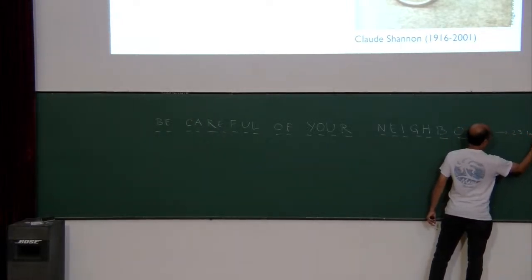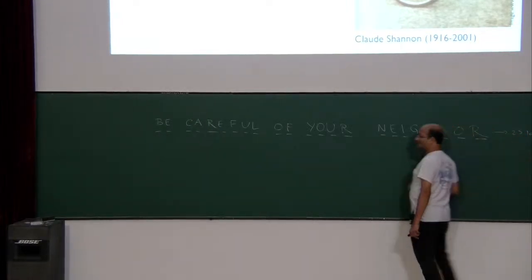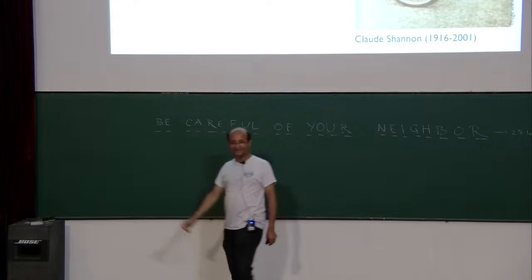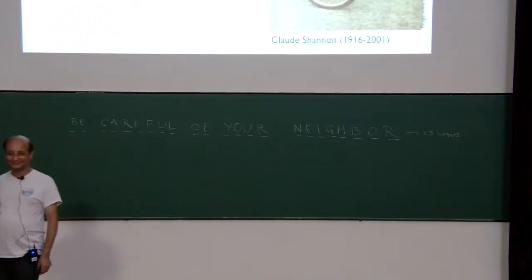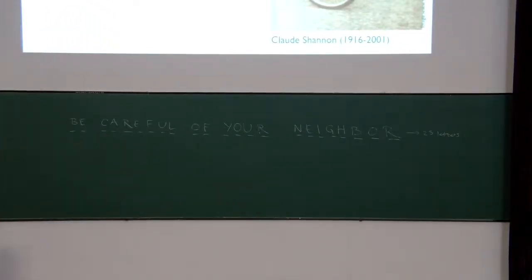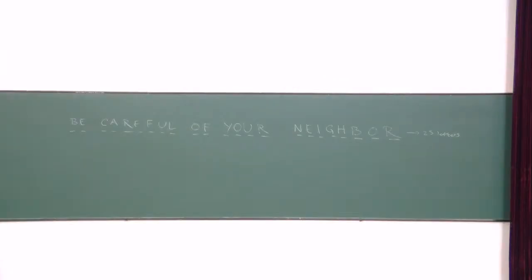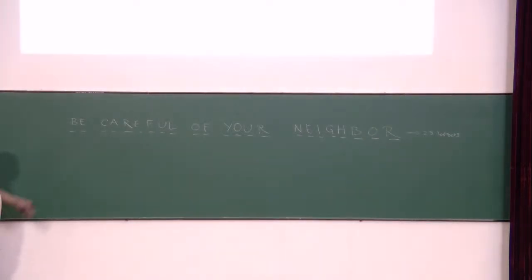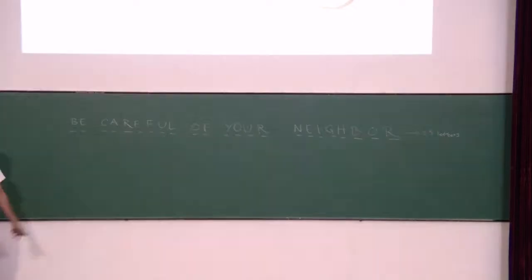Now, in the olden days, when you would send telegrams, it would cost you to send each character. So you'd try to make your message as compressed as possible. So suppose you want to compress this. That is, you want to use as few letters as possible in the overall message. How can you write it?